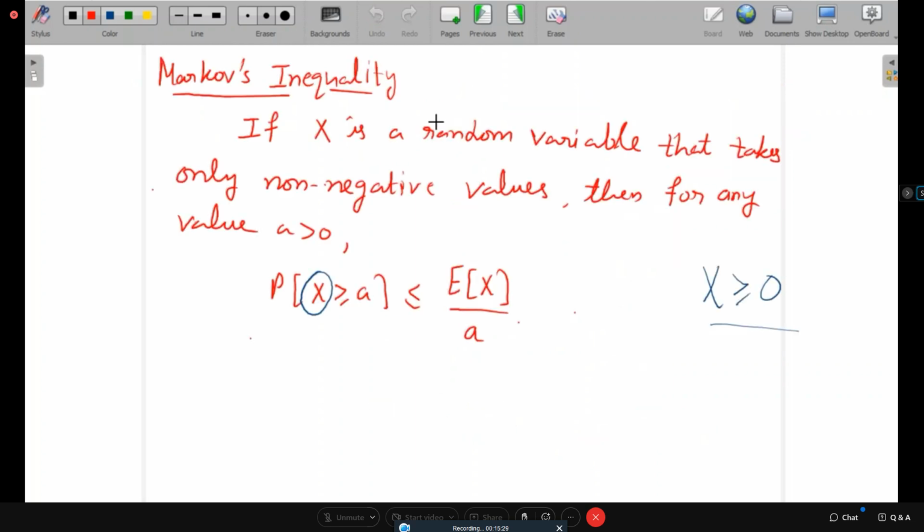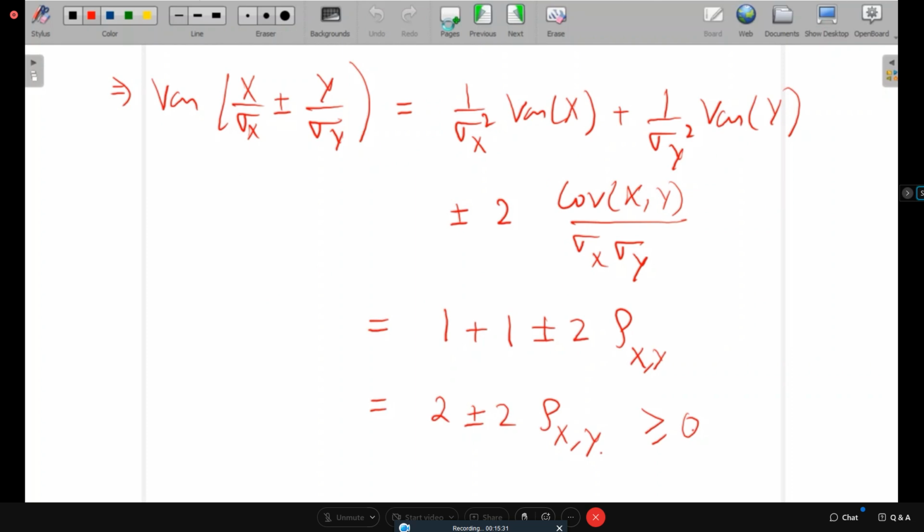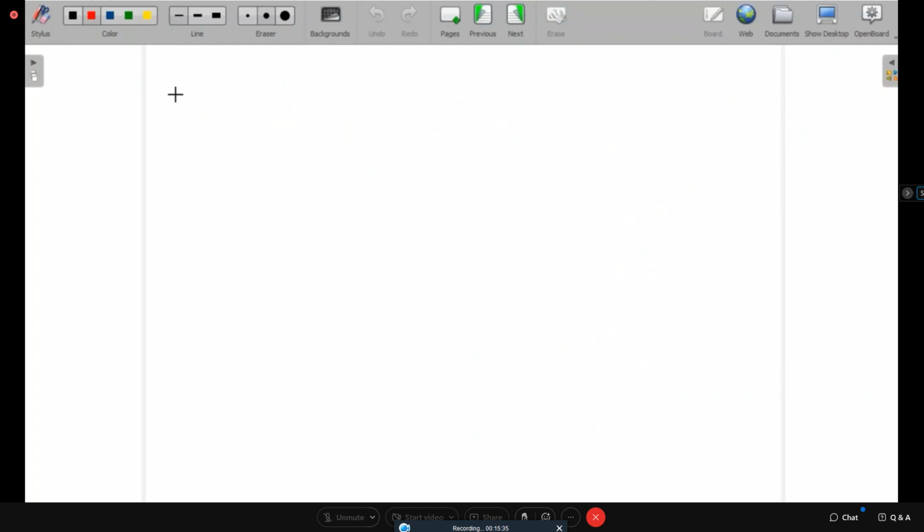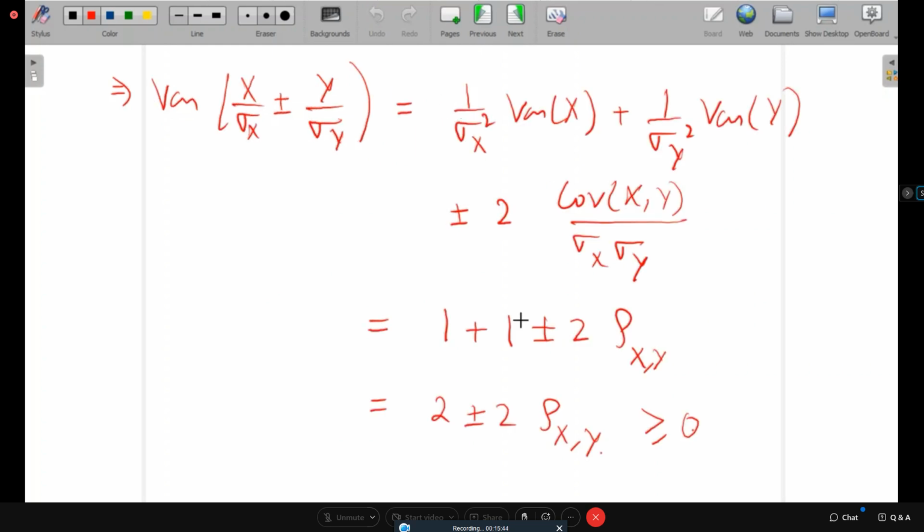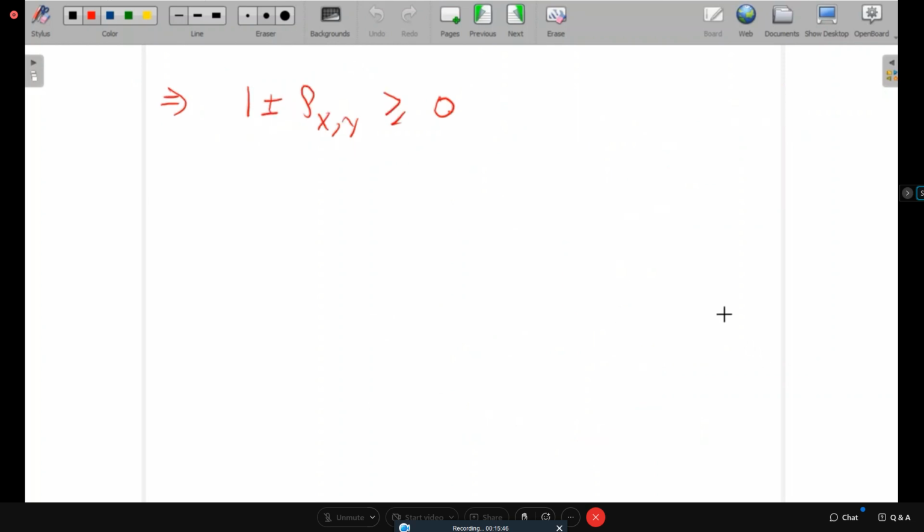So this will imply 1 plus or minus rho x comma y is always greater than or equal to 0. Because 2 is a positive constant, you can divide both sides. Now, with the plus sign, 1 plus rho xy is greater than or equal to 0, and with the minus sign, 1 minus rho xy is greater than or equal to 0.